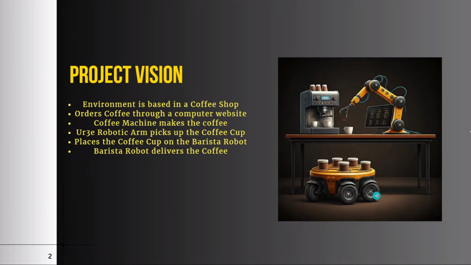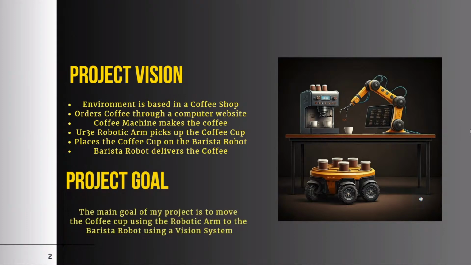There's a camera there. So the goal of my project is to pick up the cup and place it in the barista robot in one of the four holes, using a vision system.